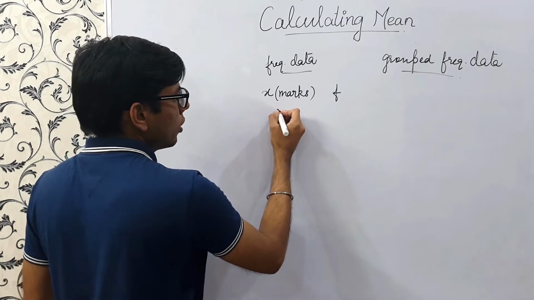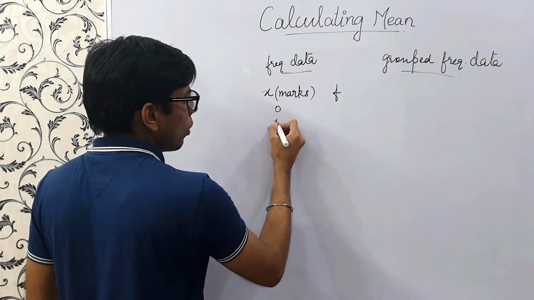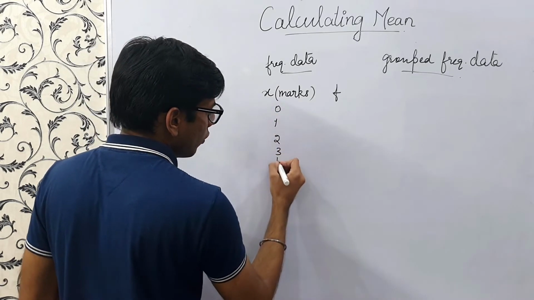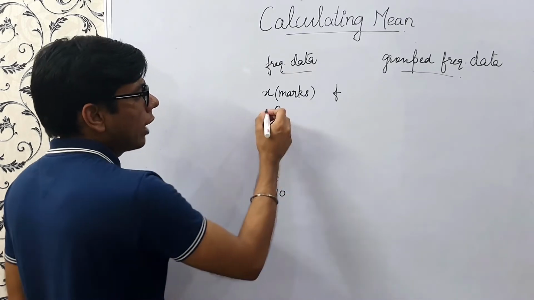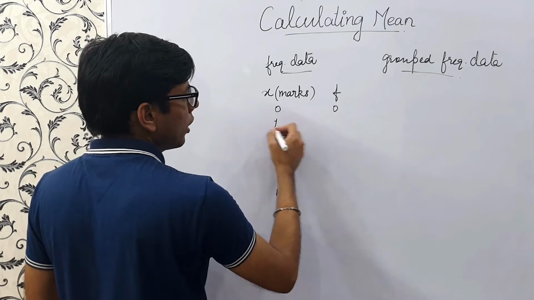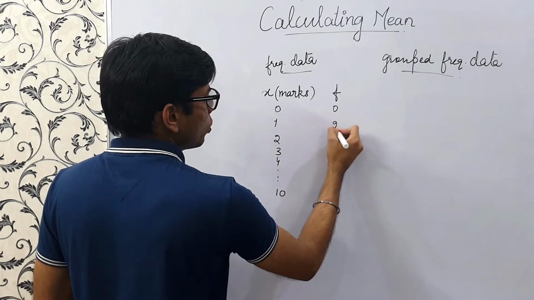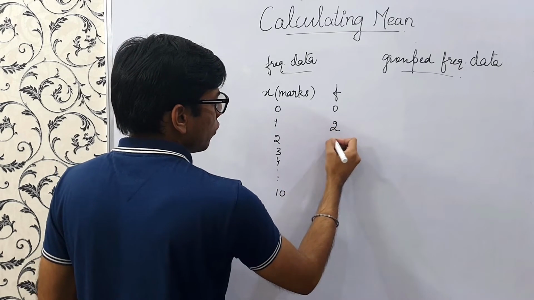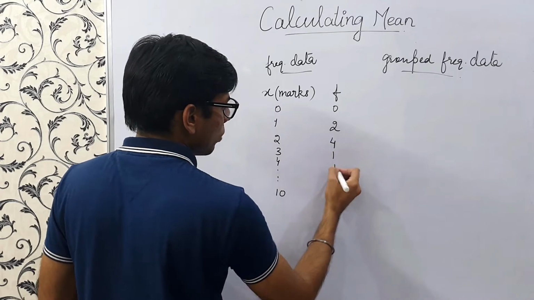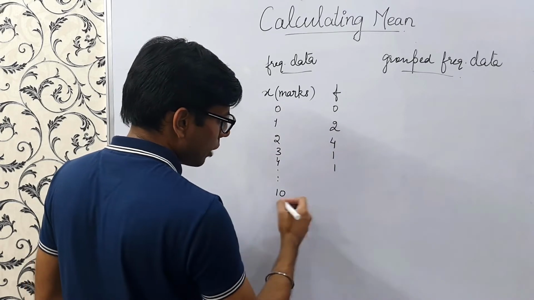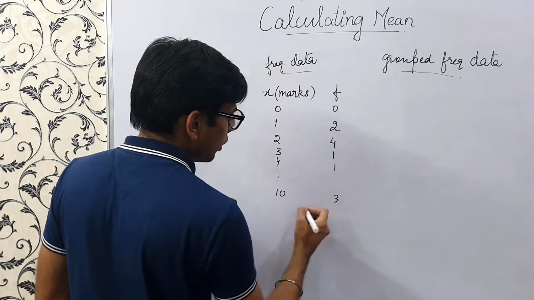Suppose it goes from 0, 1, 2, 3, 4 till 10, and the frequency is, say, 0 for the first, 2 students for 1 mark, 4 students for 2 marks, 3 marks got 1 student, 4 marks got 1 student, and similarly 10 marks got 3 students.